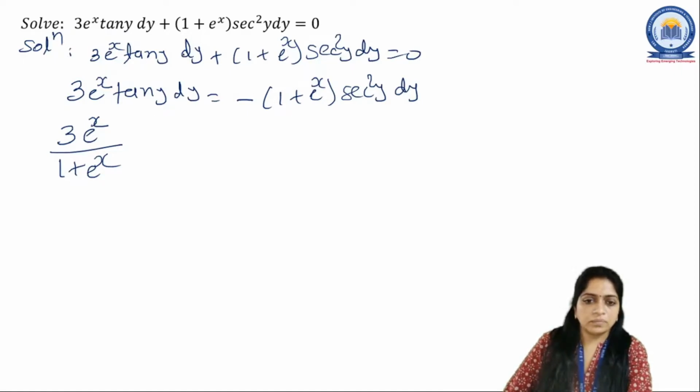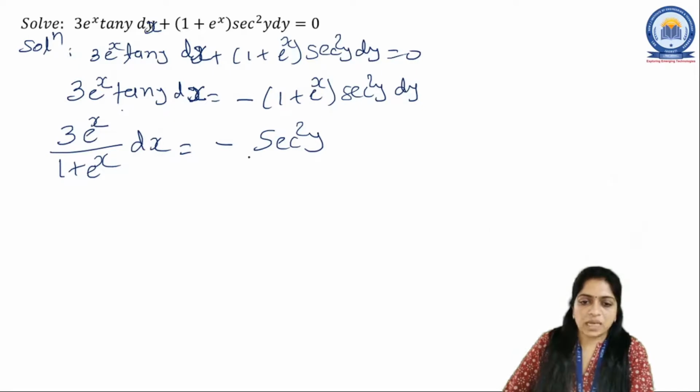So this is dx, into dx equal to minus sec square y dy, as we put this bracket on the left hand side. If I put this tan y on the right hand side, it is in the denominator.